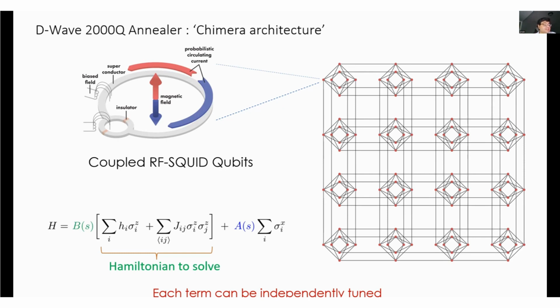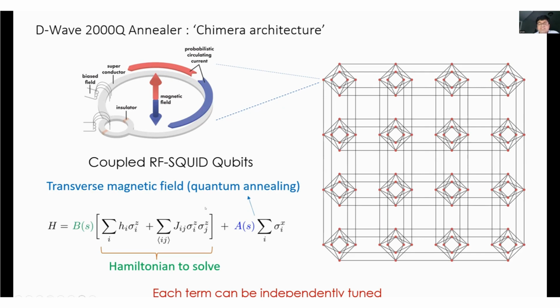Not only that, you can tune the coupler strength going all the way from negative to positive. So you can have both ferromagnetic couplers and antiferromagnetic couplers. That's how you set up the whole system, and then you can bias each qubit individually. And then you have this big magnetic field, which is the transverse field.